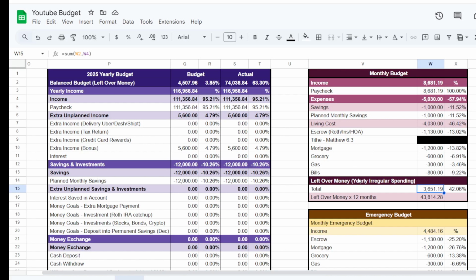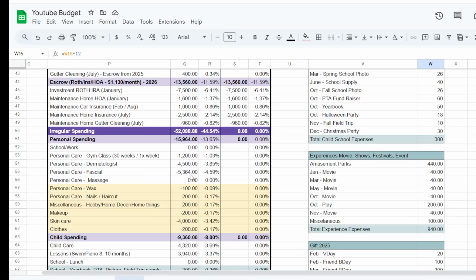On my irregular expenses. But how I balance that out, I multiply that by 12 and I come out with $43,814.28. That number has to be over this number, which is the 52,088.